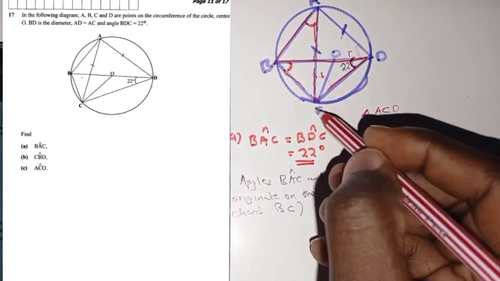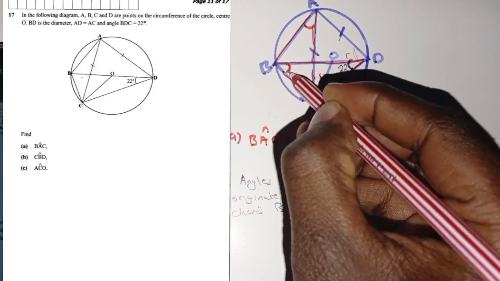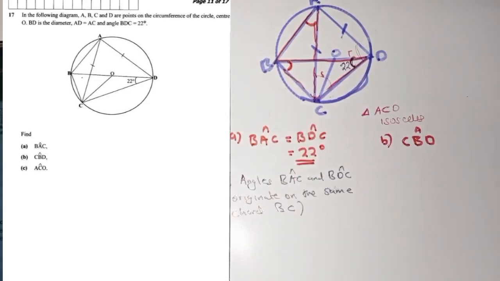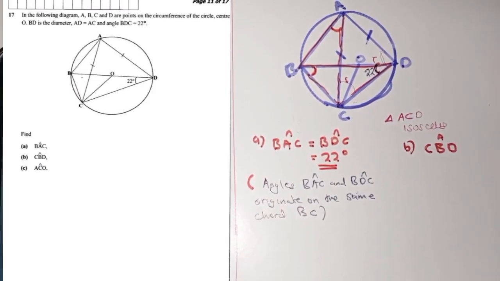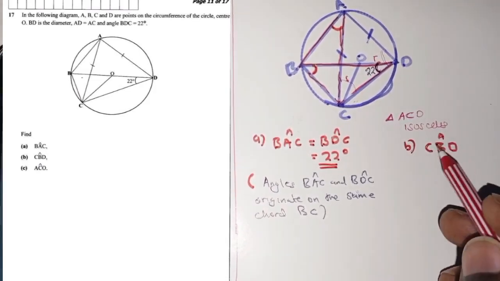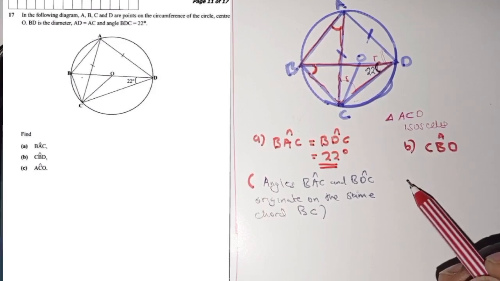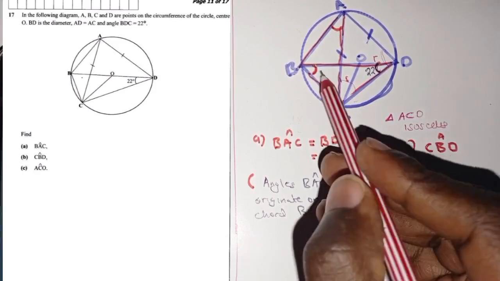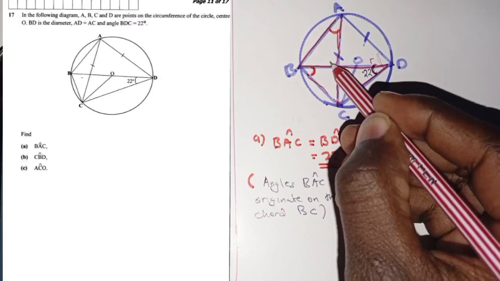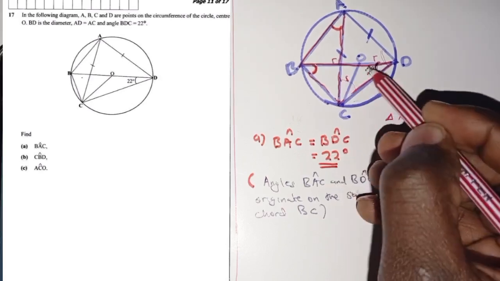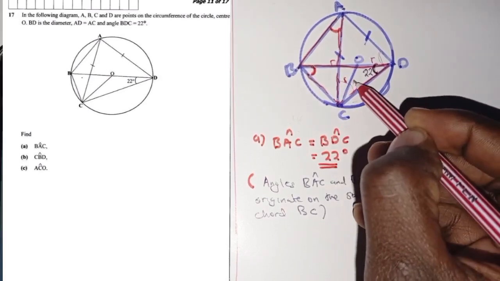Now we're finding CBD, this one here. For us to find this, we need to think of properties that we can use. Now look, guys, the whole length from here to here, BO, this is a radius again. Also this is a radius, we've already said that.